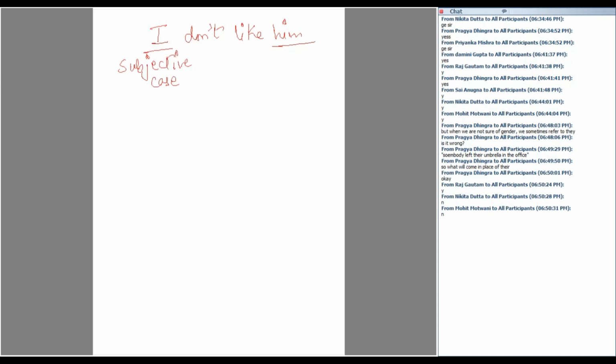Can you use the word I when you don't use it as a subject? No, you cannot. Never. Whenever you are using the pronoun I, always that pronoun is the subject of the sentence. There is another pronoun, him. Now the pronoun him is not the subject of the sentence, but it comes in the predicate. It actually is the object of the sentence. So objective. It is called objective case.